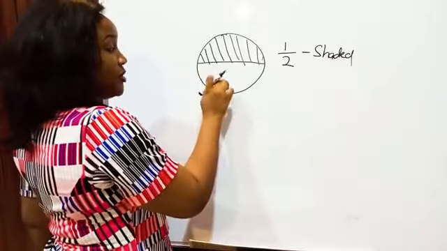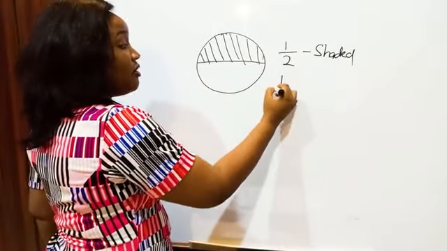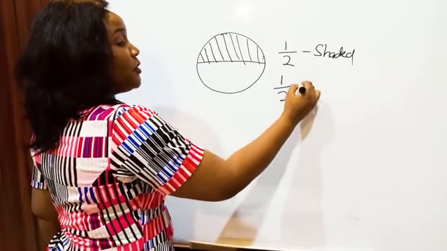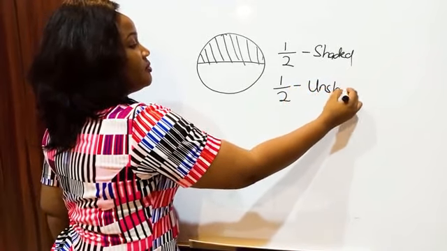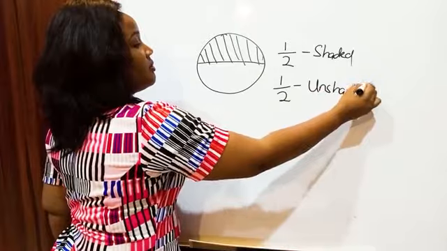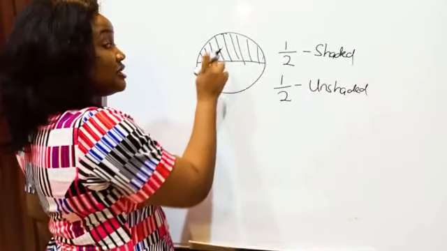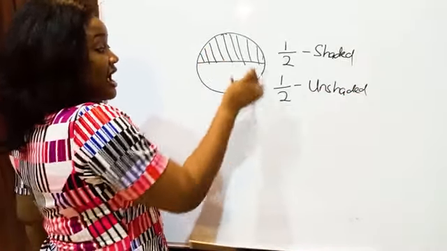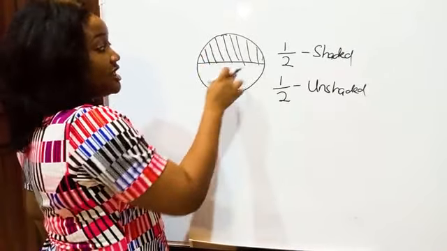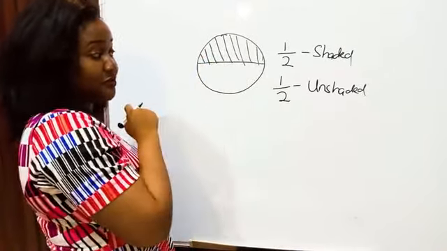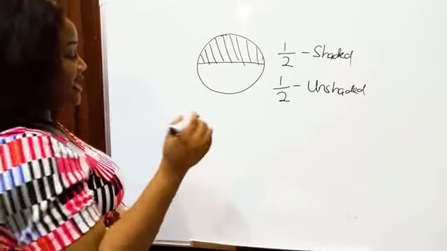And the unshaded portion is still one of two equal parts. This signifies the part that we're interested in, and this signifies the number in the whole. Okay?